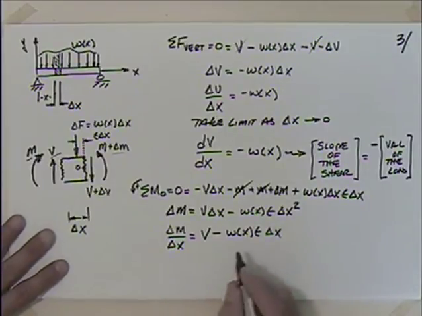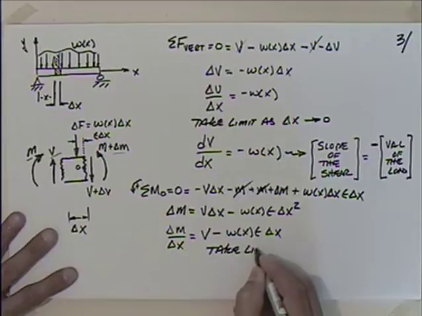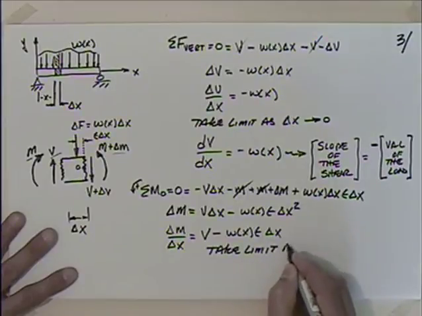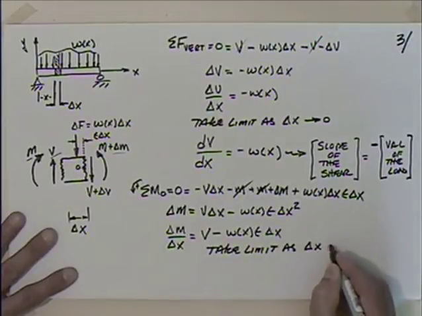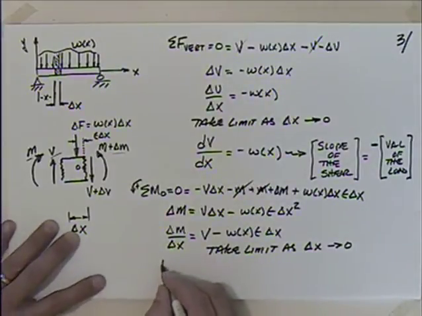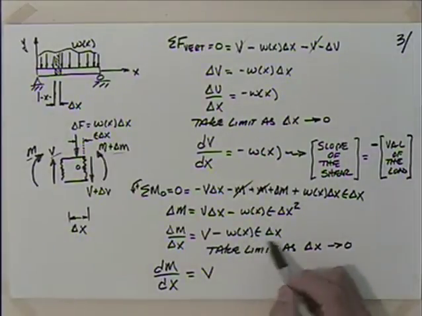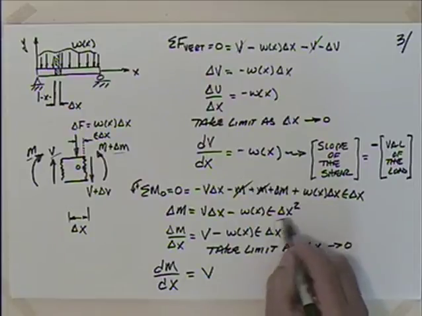So again, I'm going to take the limit here as delta X goes to 0. So doing that, I get dM dx is equal to V. And people might go, well, where did this go? Well, that went to 0. This is a higher order term, isn't it?